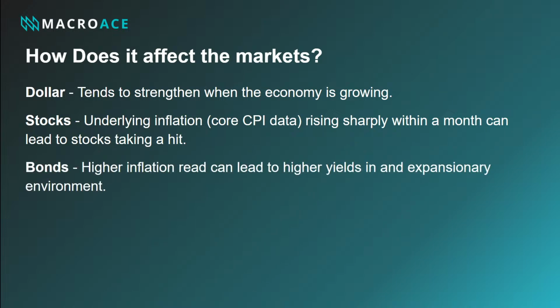For the bond market, similar to the dollar, if inflation comes in lower than expected, bond yields will tend to go lower in anticipation that the Federal Reserve is more likely to ease sooner rather than later. On the flip side, bond prices will in turn go higher.